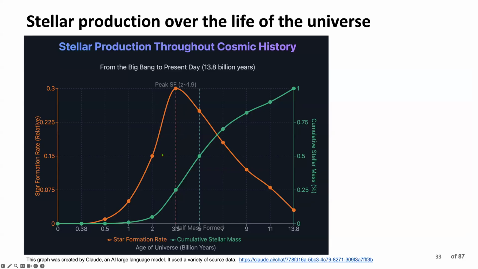Here's the production rate of stars in our universe. Dating back to the early universe, star production was very low because the work of gravity to draw clouds of gas together to form stars had not really been very influential, but gradually the star production rate increased and maximized after about 3.5 billion years of the universe.